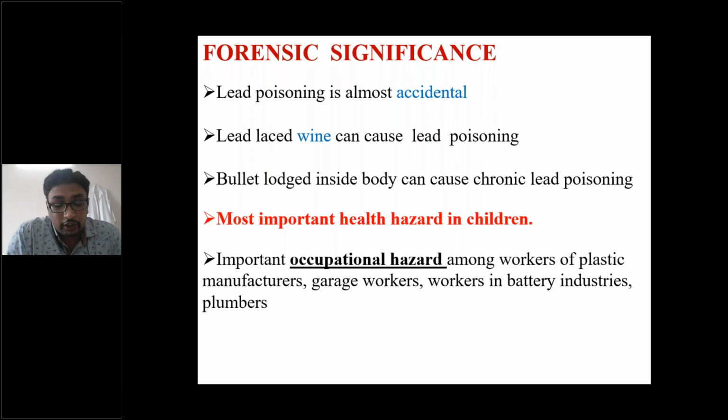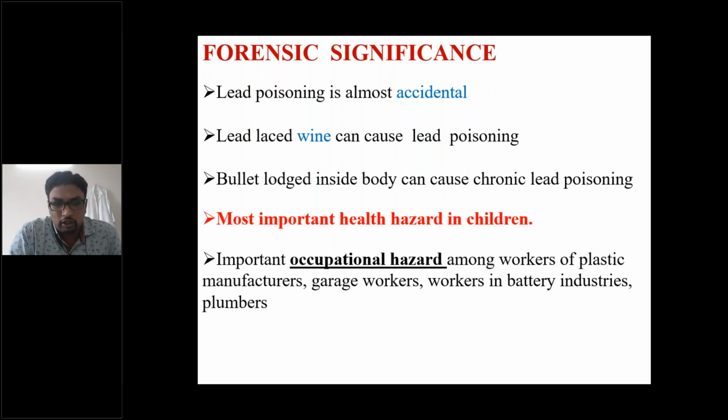And then a bullet lodged inside the body can cause chronic lead poisoning. Normally a bullet lodged inside the body, we call it a sentinel bullet, where it will not have any untoward effects on the body, but lead bullets can cause slow dissipation of the lead into the blood and thereby cause poisoning.